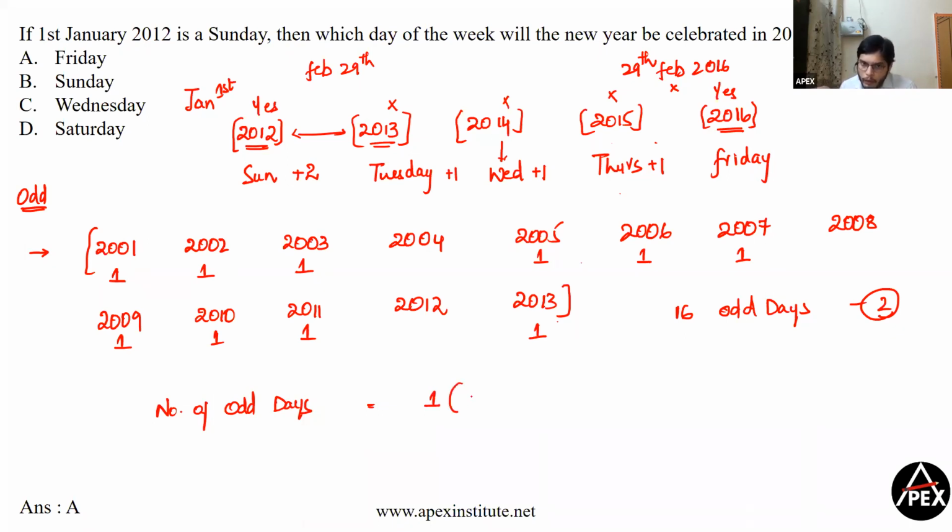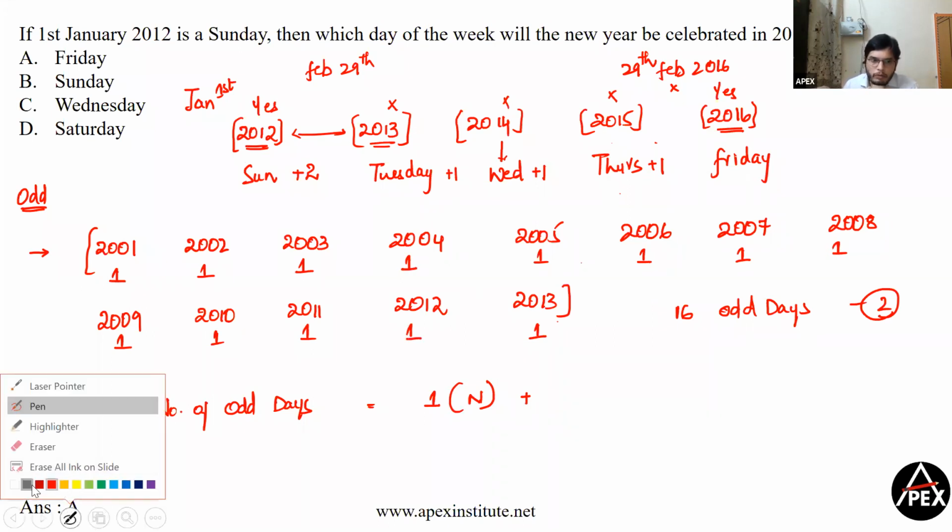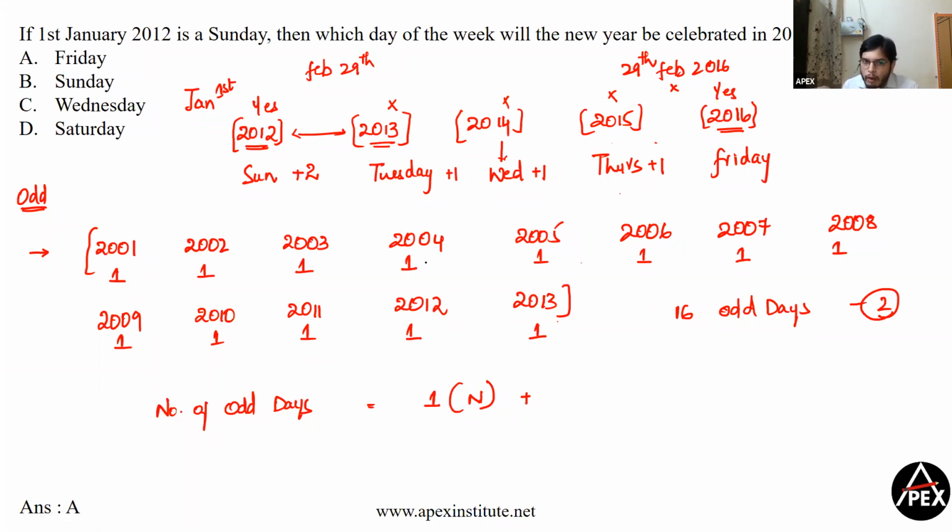So 1 into n. And there will be one extra odd day in every leap year, isn't it? Because 2004 also has one odd day, 2008 one odd day, 2012 one odd day. Since 2004, 2008 and 2012 are leap years, they will be having one more odd day.